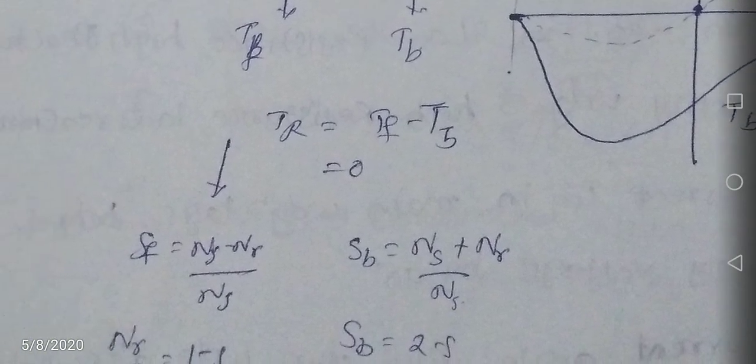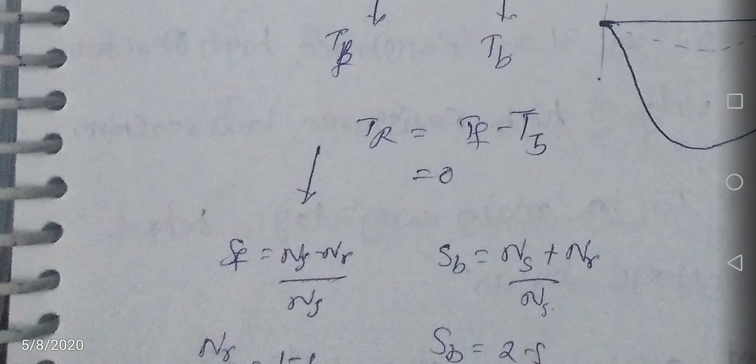As we know, the forward slip SF equals (NS minus NR) by NS, and the backward slip SB equals (NS plus NR) by NS.